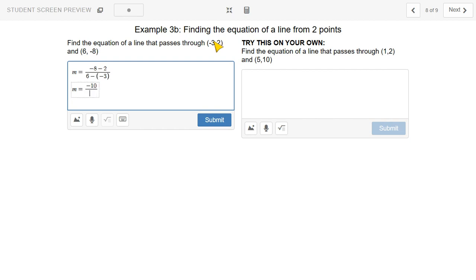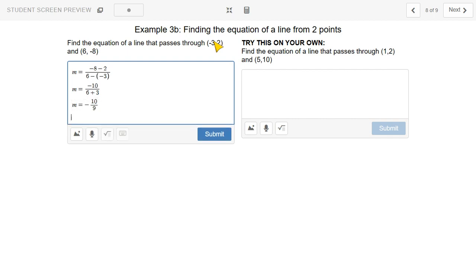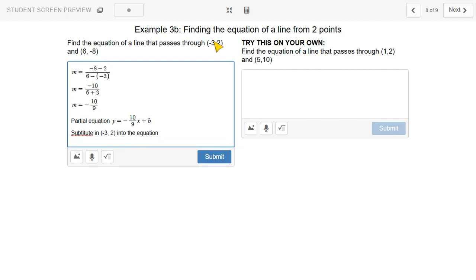The numerator, negative 10, and we have 6 plus 3. The slope is negative 10 over 9. So our partial equation, y is equal to negative 10 over 9x plus b. I'm going to substitute in negative 3 and 2 into the equation.